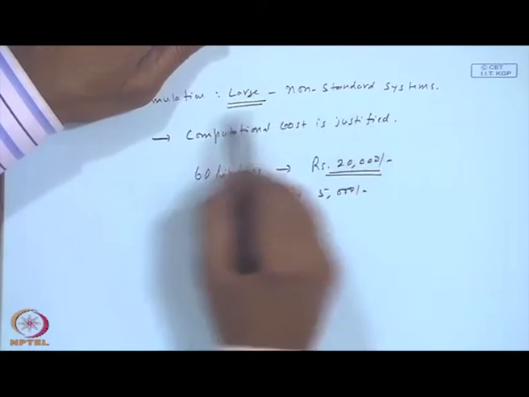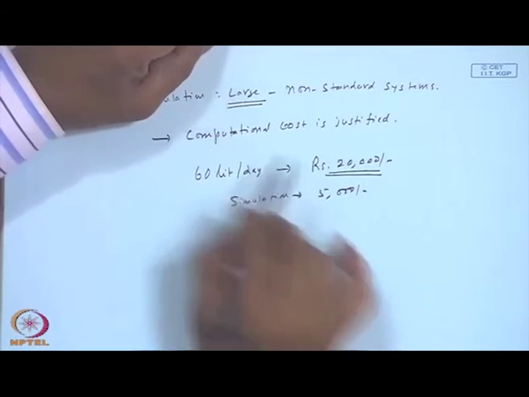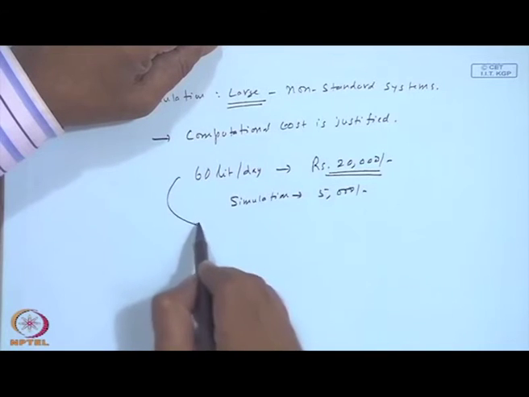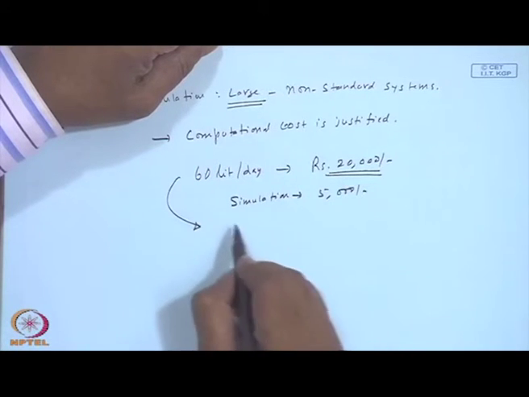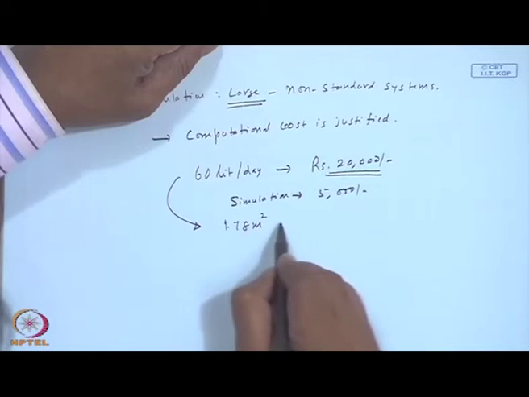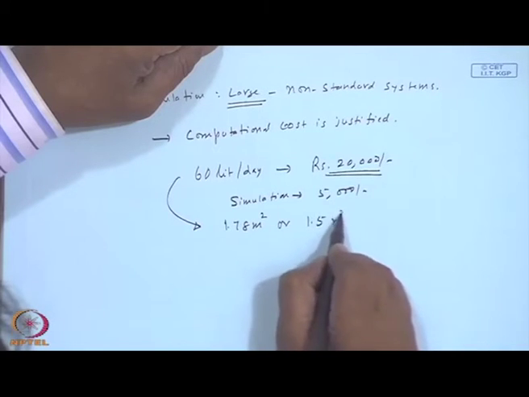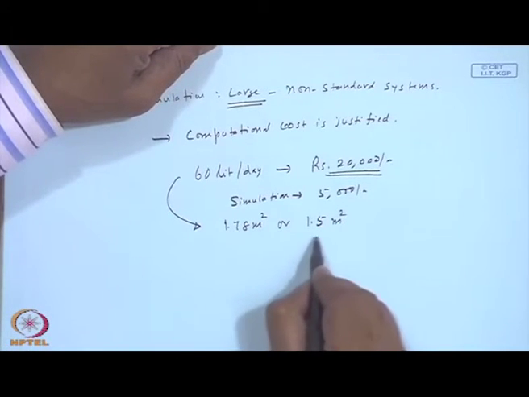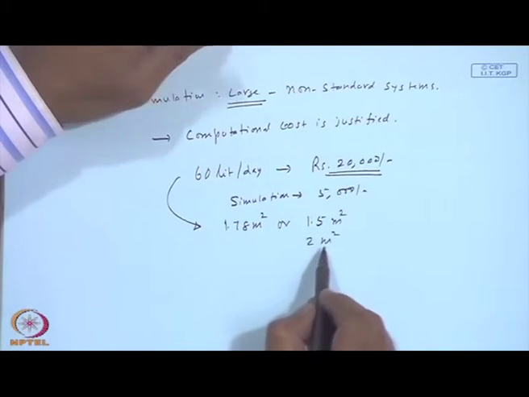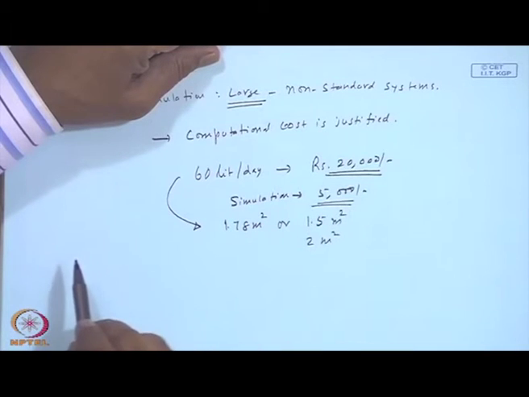Consequently, if you have a standard system, you would like to have a simple method instead of going to the simulations, which ultimately may come out with an area requirement of 1.78 square meters, or you may have a standard module of 1.5 square meters or 2 square meters. Whether you put 2 square meters at the rate of this 20,000, this additional 5,000 gets justified.